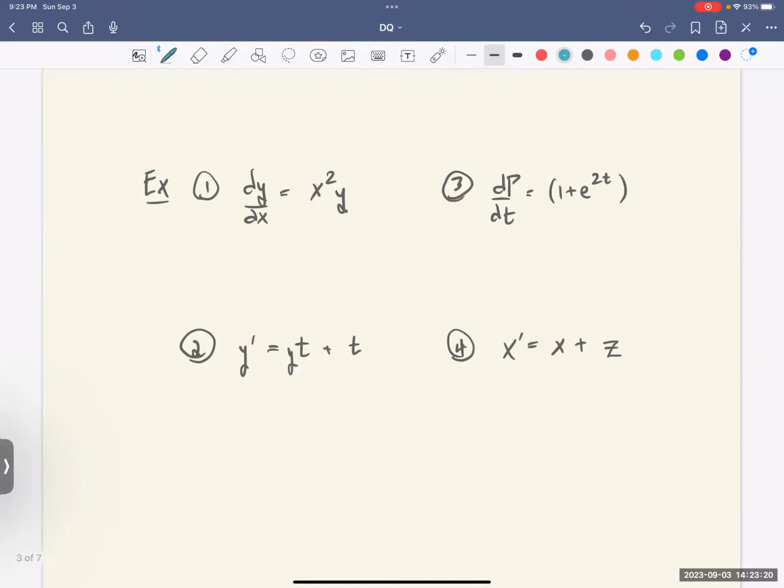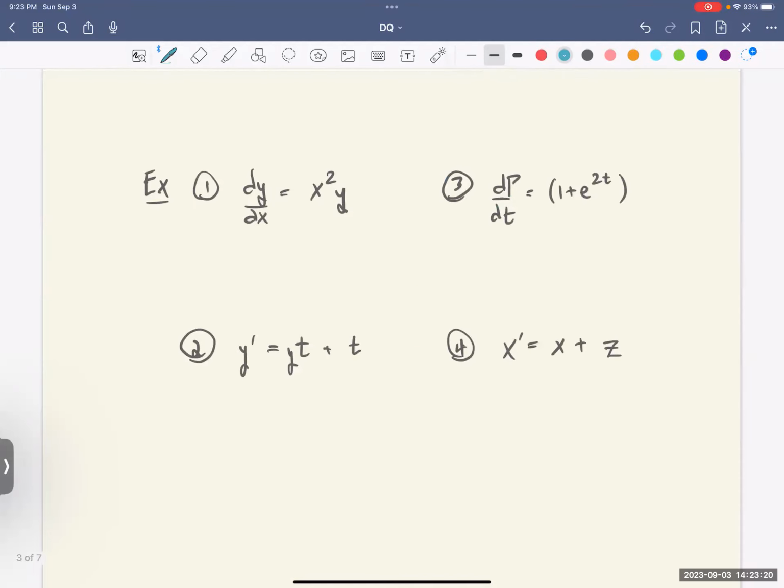The third one, it's only in terms of t, but we could treat it as an independent expression times a constant, which would be in terms of the dependent variable. So yes, it's a product. So yes, separable. But this last one, we have independent x, dependent z, but it's a plus, not a product.